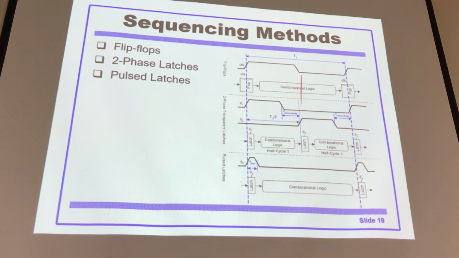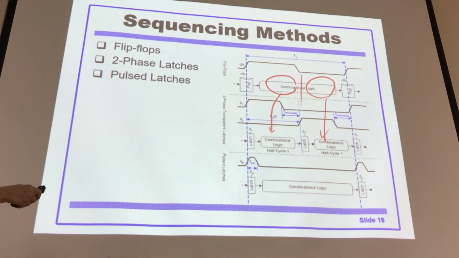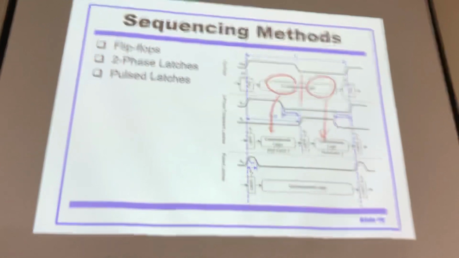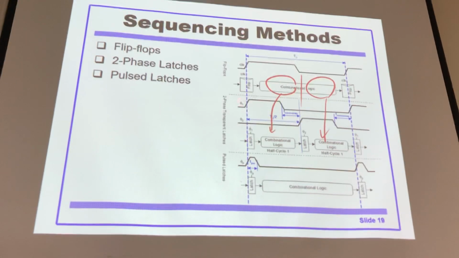You cut it into two halves, the first half here and the second half here. So this is a kind of two-phase transparent latch design style. There is a two-phase clock signal. But again, as I said, it has almost been abandoned in industry. So the single-phase flip-flop is the most popular design style.